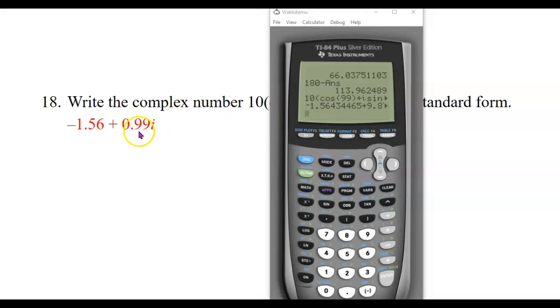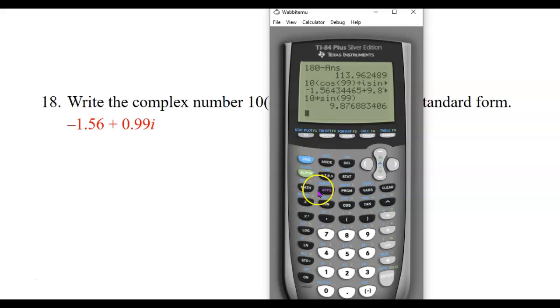Probably I forgot to multiply that part by the 10. So that shouldn't be 0.99, it should be more like 9.9. So if you take 10 times the sine of 99 degrees, you do get approximately 9.9.